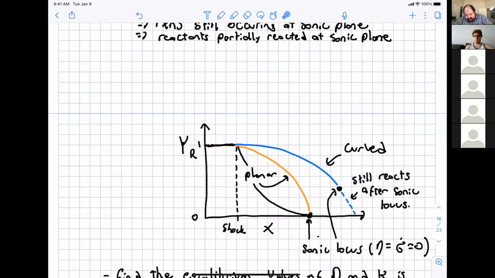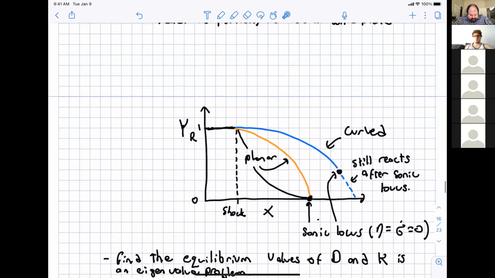There are still some reactants left over after the sonic locus, and those can do some weird afterburning things, but they can't really influence the propagation of the detonation, because we have that sonic locus. I call it a sonic locus for these curved detonations because it's no longer a plane, it's a more complex curve than for a planar detonation. So for a curved detonation, the sonic plane is traditionally called a sonic locus. Okay.